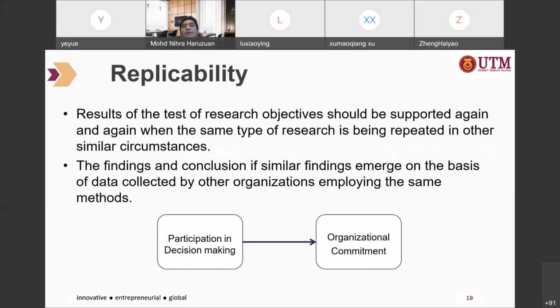When the same type of research is repeated in other similar circumstances, it means the research can be replicated by other researchers. If similar findings emerge on the basis of data collected by other organizations employing the same method, then it is replicable.